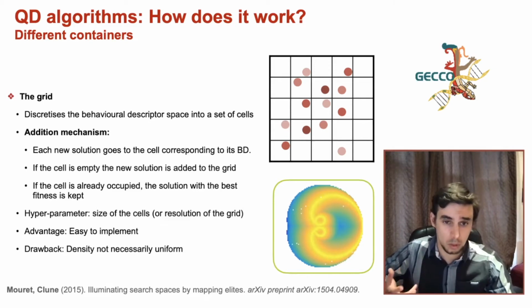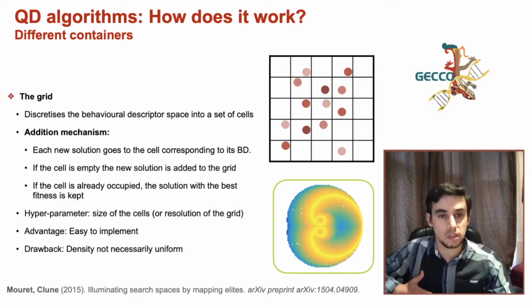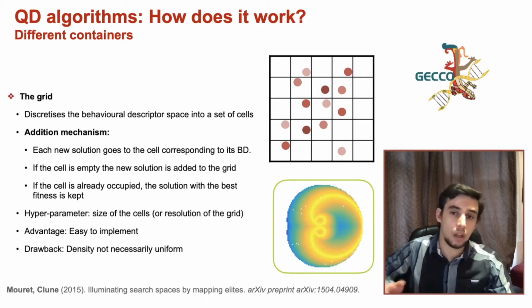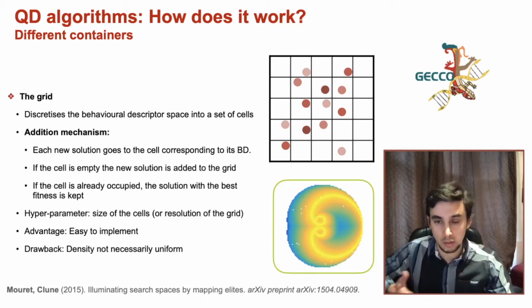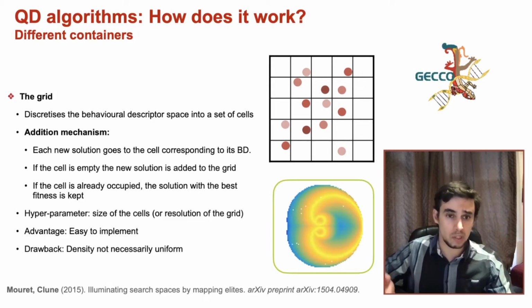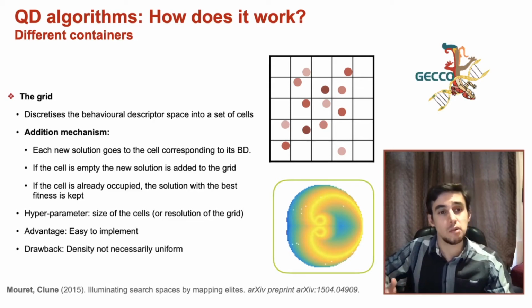With this numerical vector, we have a vector space, and we can simply discretize this vector space into a grid, either by defining a certain length of the different cells of this grid, or, if the vector space is bounded, we can define a resolution, so typically a number of discretizations per dimension, which will define the grid.